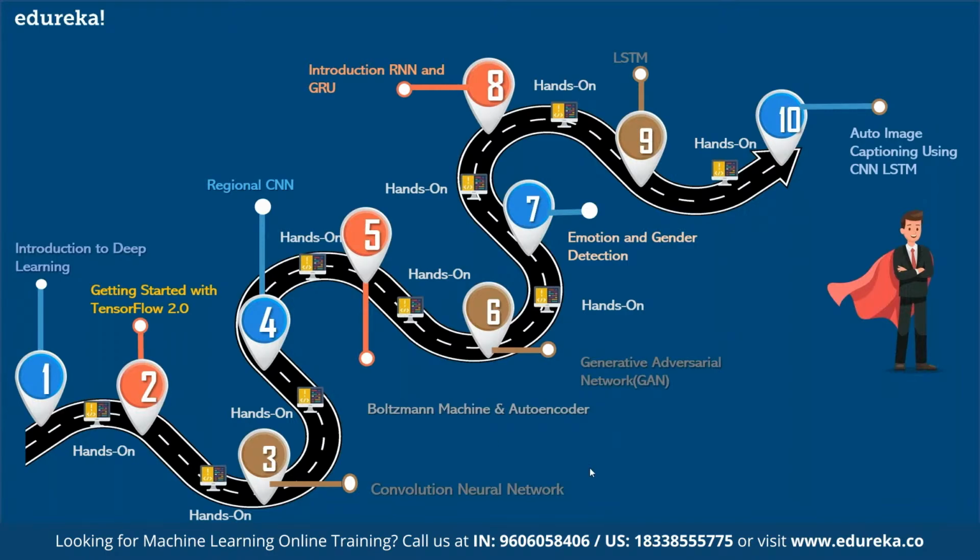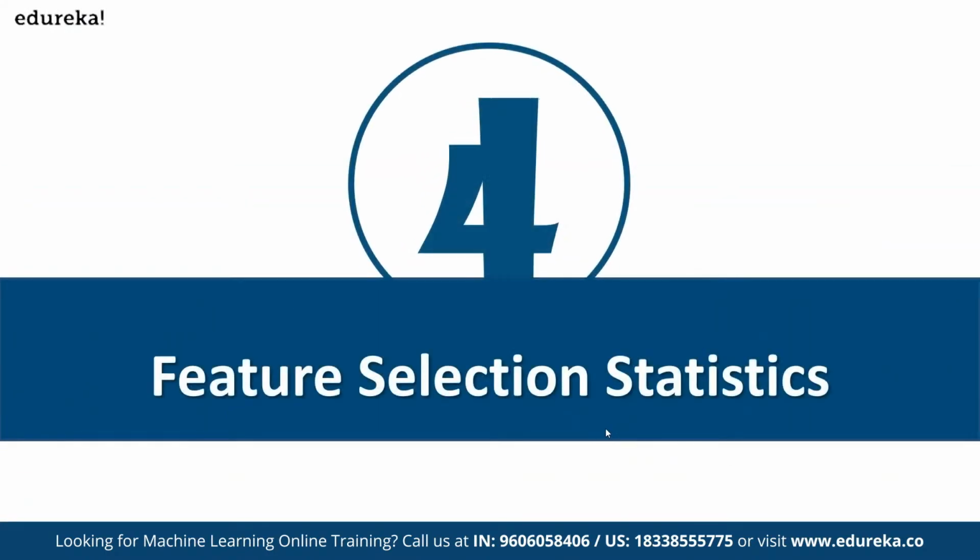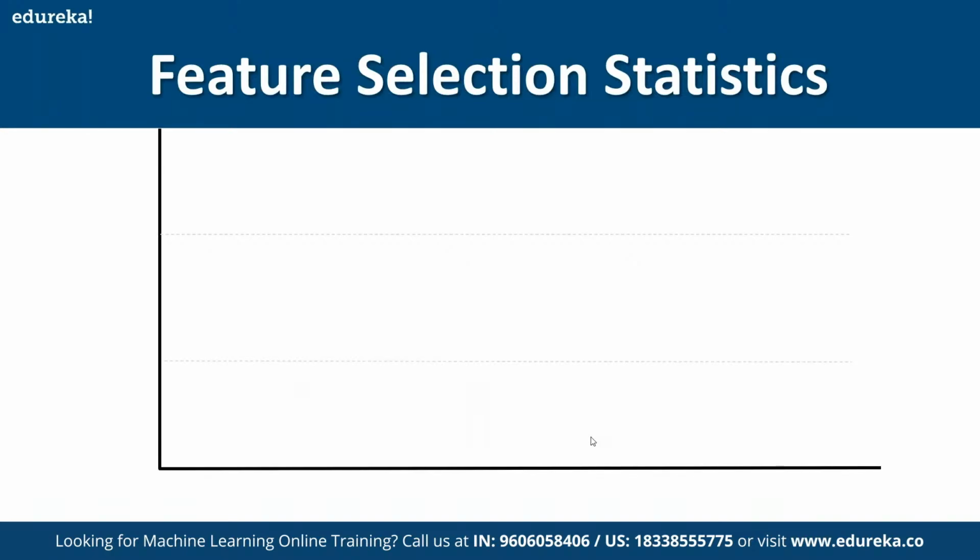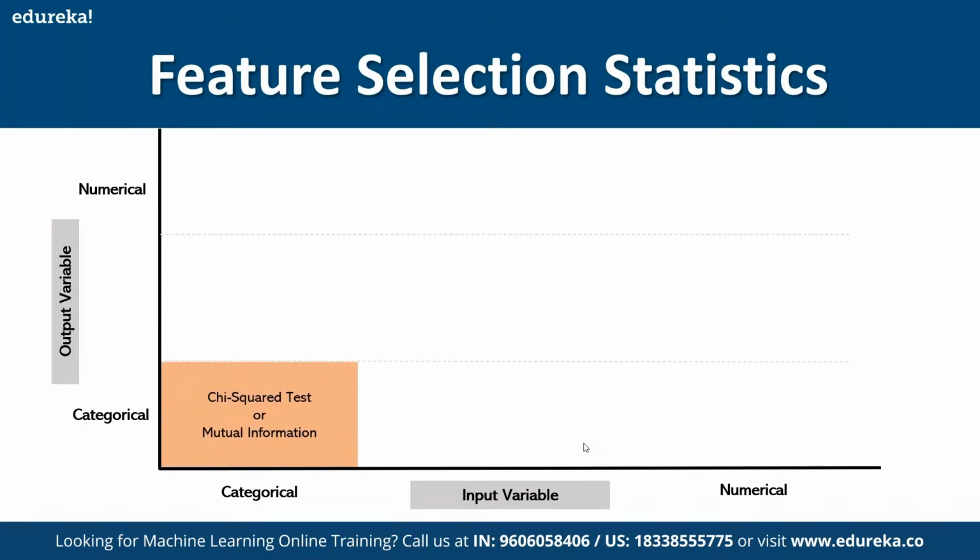Okay, so moving on in our agenda, let's look at feature selection statistics. While working with the data, if the dataset is categorical, then we can make use of a statistical test, that is the chi-square test or mutual information. If I have numerical input data, but the output data is categorical in nature, then we'll make use of the ANOVA test or Kendall's rank coefficient test.